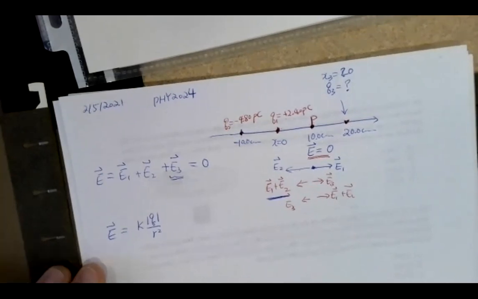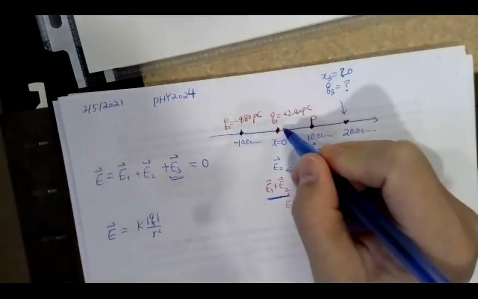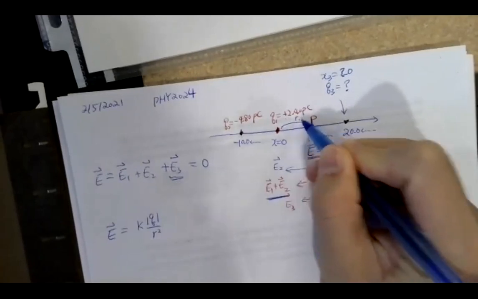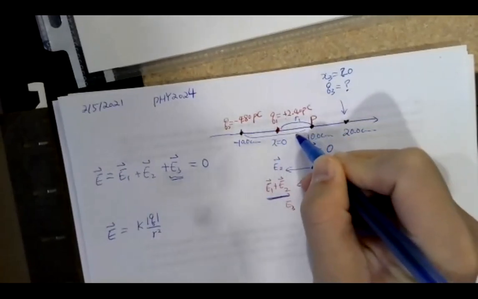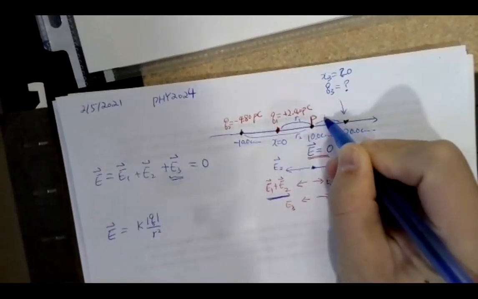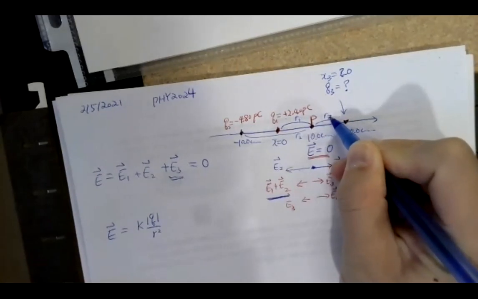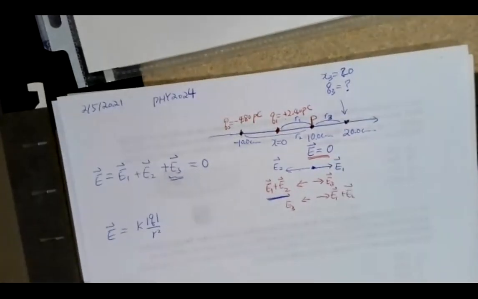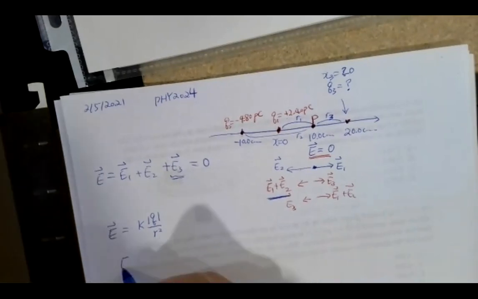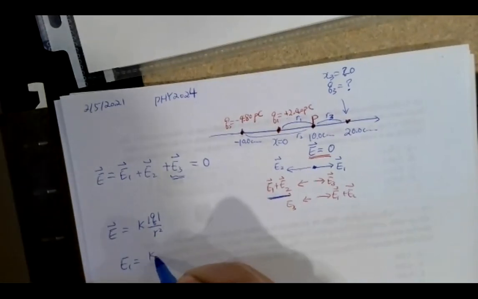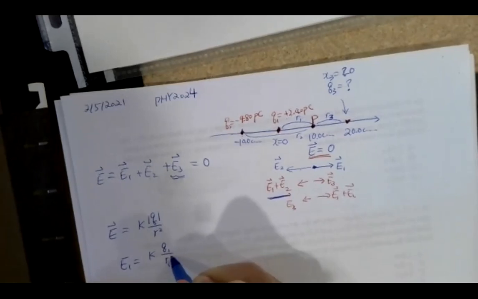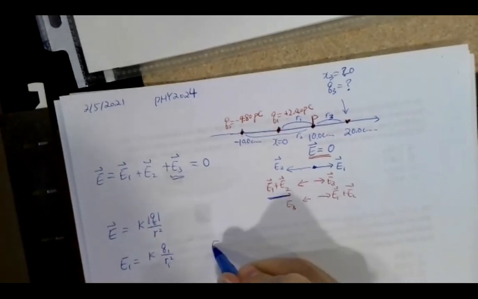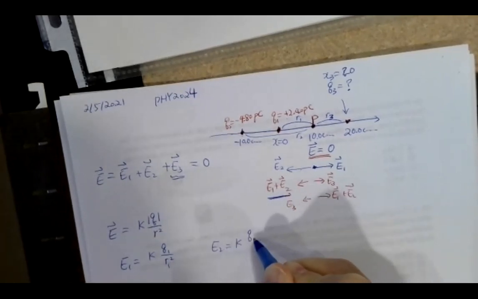All right. Now R1 is going to be this distance. This will be R2, okay? Then this will be R3, all right? So E1 is equal to K Q1 over R1 square. E2 will be equal to K Q2 over R2 square.